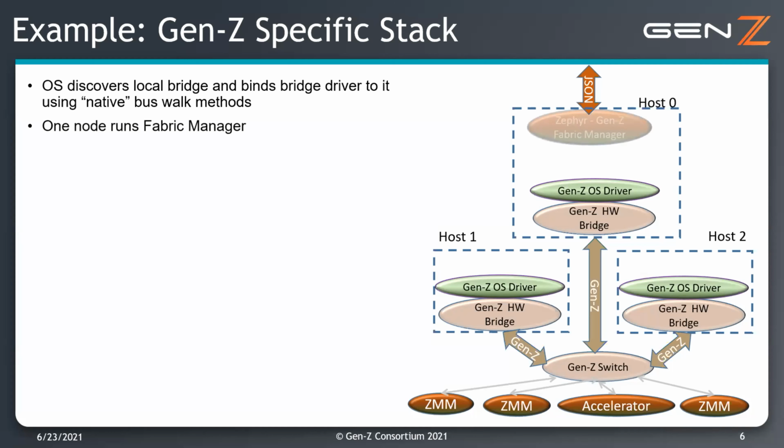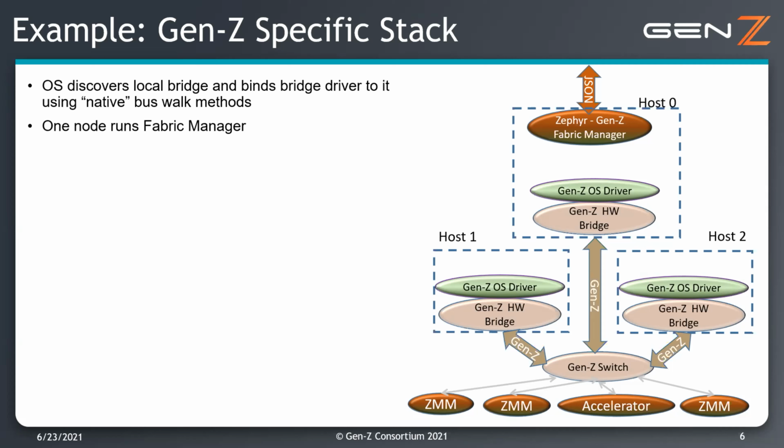So if that bridge hardware appears as a Gen Z device as PCI, or in ACPI, or even in an embedded system using device tree, those are the methods that are used to find that Gen Z hardware.